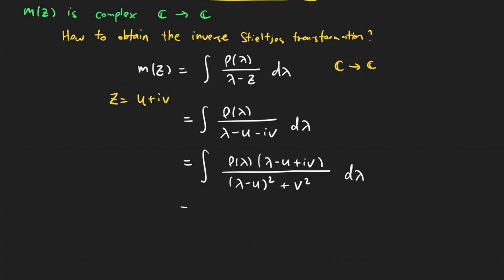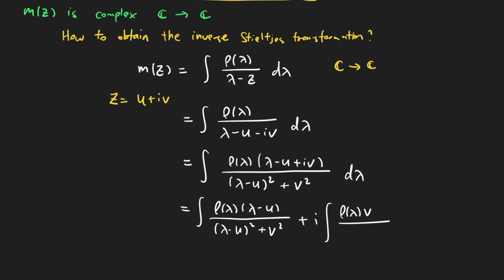The real part becomes rho of lambda times lambda minus u over lambda minus u squared plus v squared. For the imaginary part, we have plus i times rho of lambda times v over lambda minus u squared plus v squared d lambda.